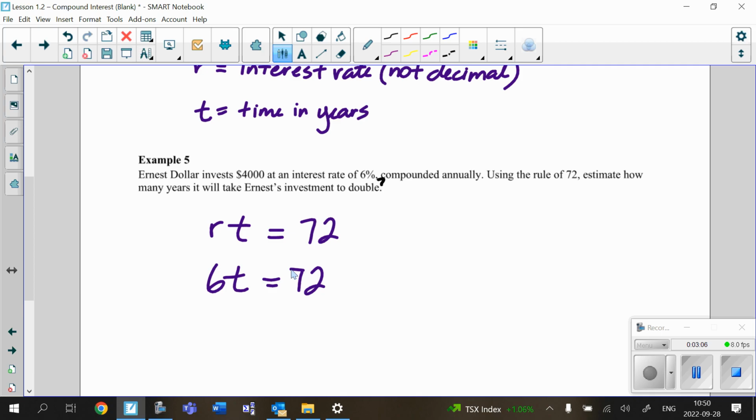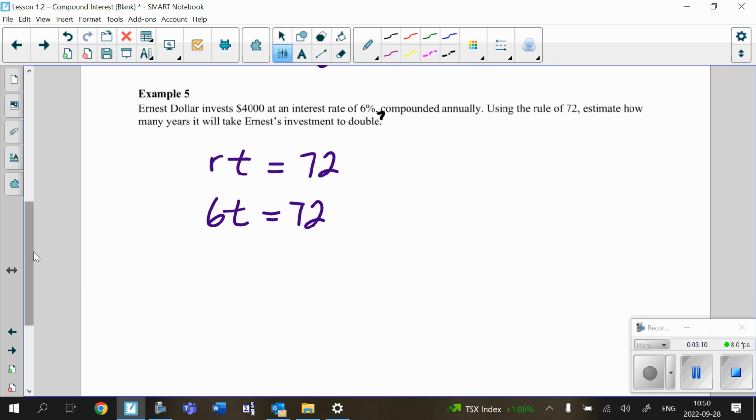And then we figure out T from there. 6 times T is 72. T will equal 72 divided by 6, which will give us 12 years. So if the interest rate was 6%, it would take 12 years for his investment to double.